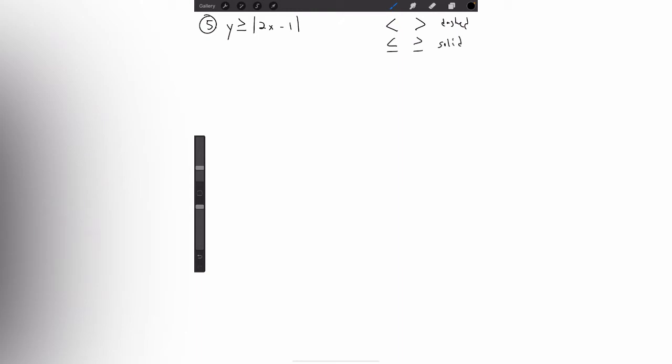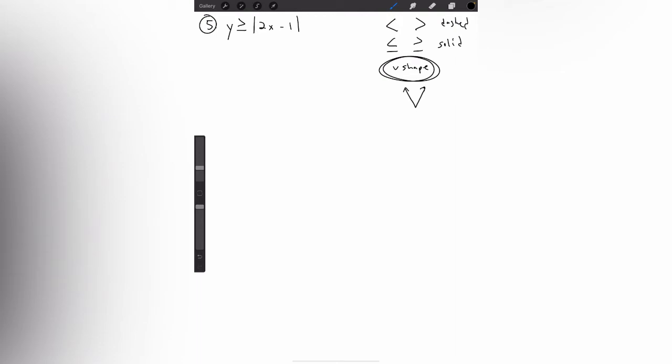But remember, when we're dealing with absolute value, we know that our shape is going to be a V shape, right? So we're going to have to graph this, and when we graph it, it should give us a V shape. When I say V shape, it should look like this.